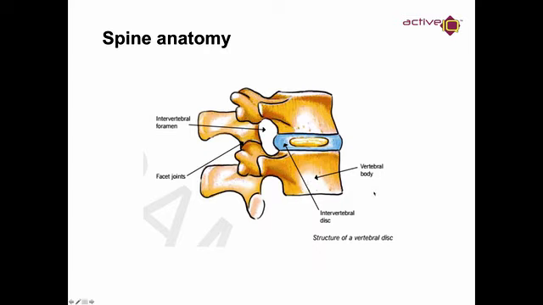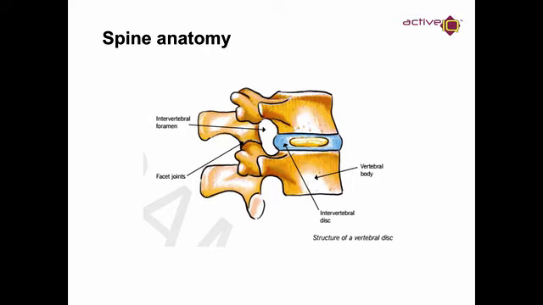This side here, that's your main vertebral body. Essentially it's a cylindrical bony disc, and what this does is it provides a surface for the intervertebral discs to attach to. And these form the main cartilaginous joints of the spine.